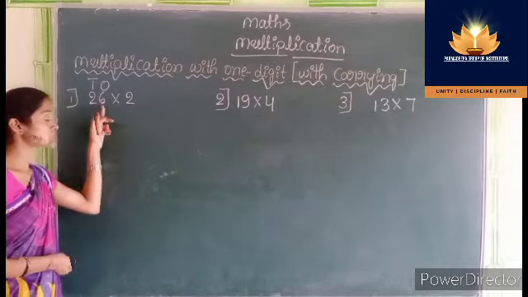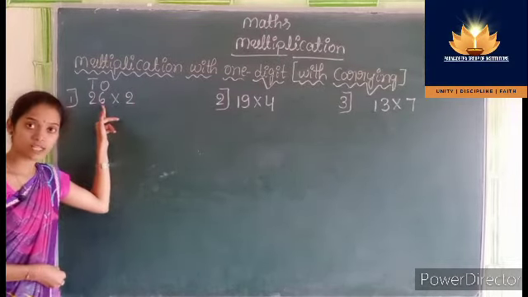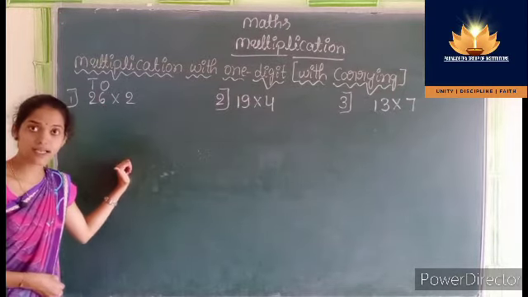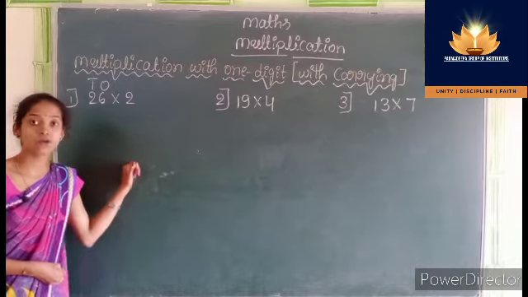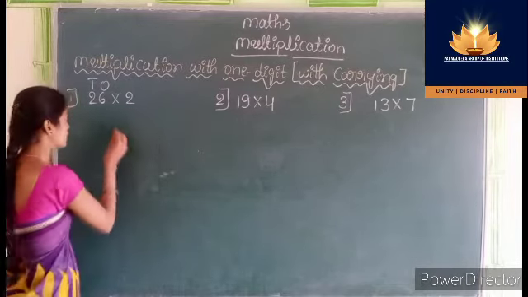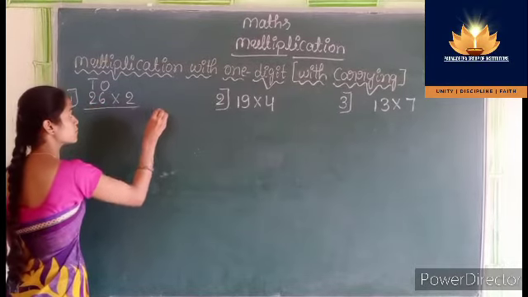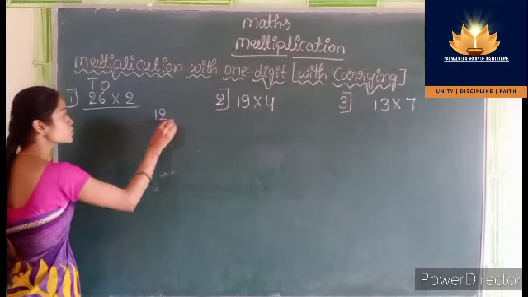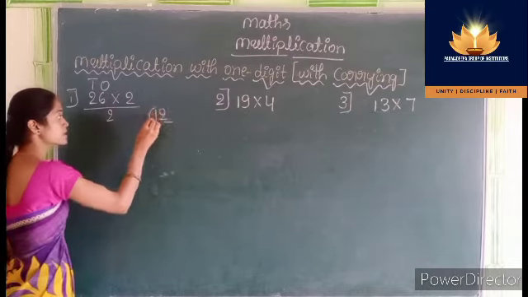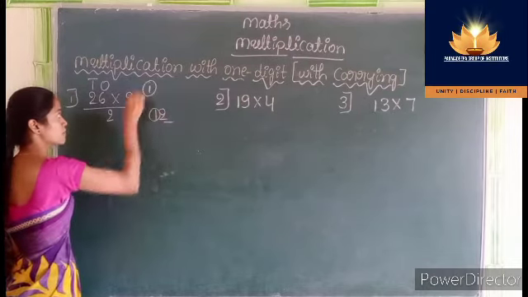So 2 sixes how much? 2 ones are 2, 2 twos are 4, 2 threes are 6, 2 fours are 8, 2 fives are 10 and 2 sixes are 12. So we get 12 and write 2 in ones place and carry this 1.